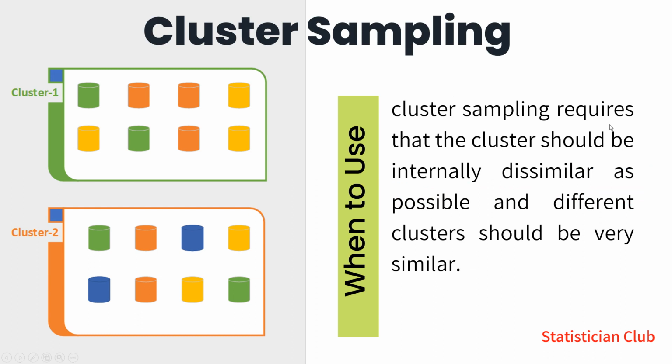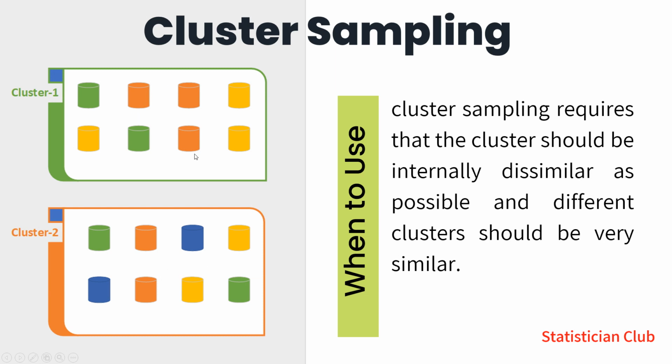Cluster sampling requires that clusters should be internally dissimilar. The main condition is that clusters should be internally dissimilar as much as possible, and different clusters should be very similar. For example, this is cluster 1 and this is cluster 2. These clusters are internally dissimilar.